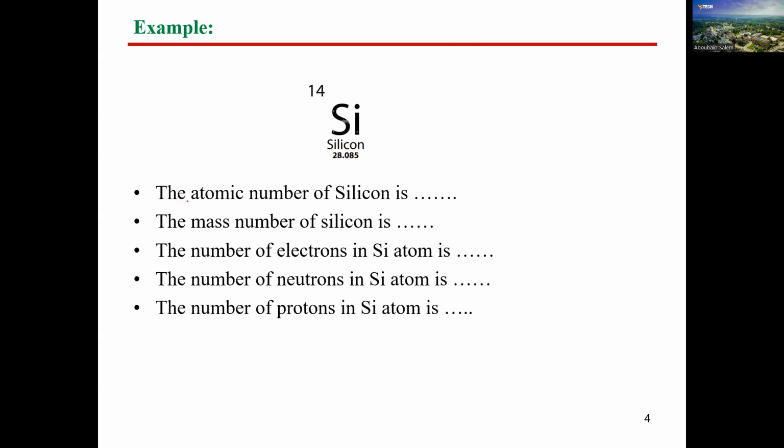The first question here is the atomic number of silicon. According to our discussion in the previous slide, the atomic number should be 14. So this is the atomic number, this is the answer here, 14. The mass number of silicon is the number here at the bottom. So this is 28.